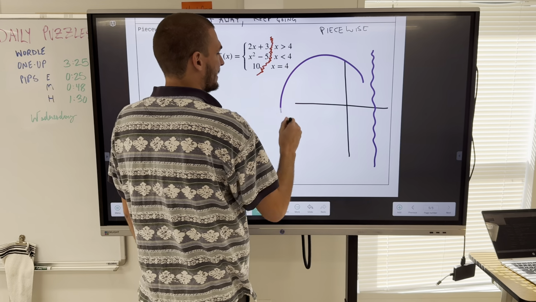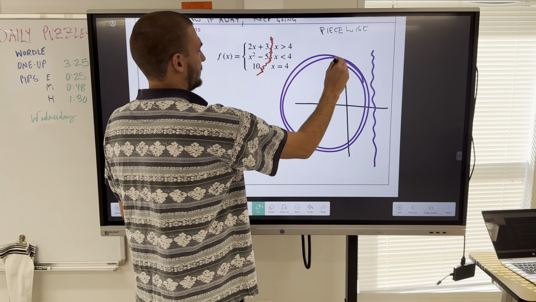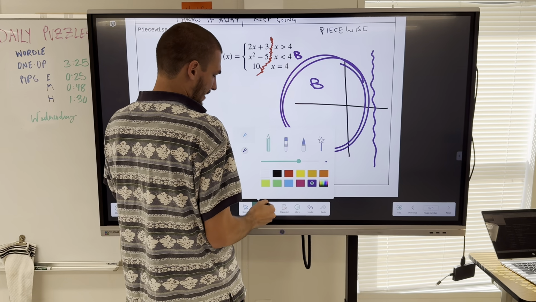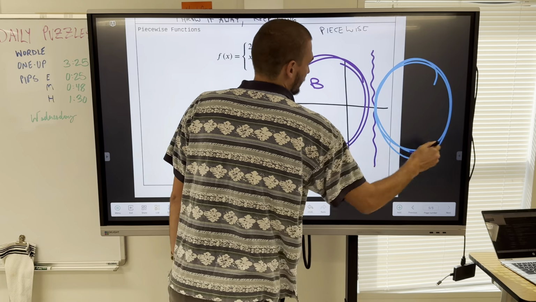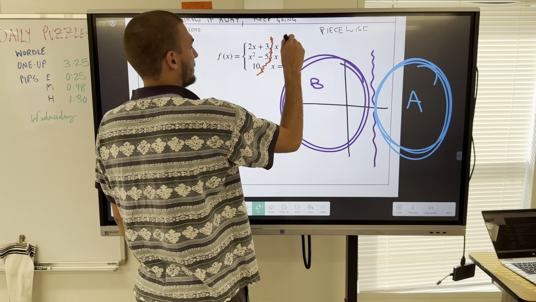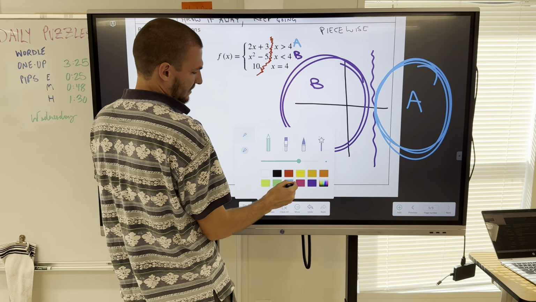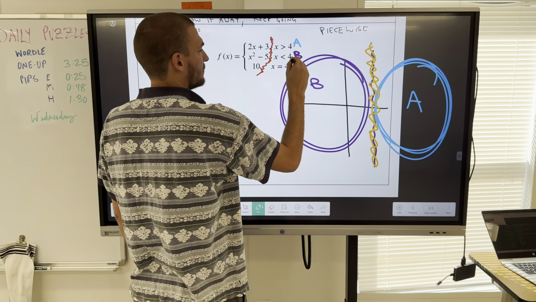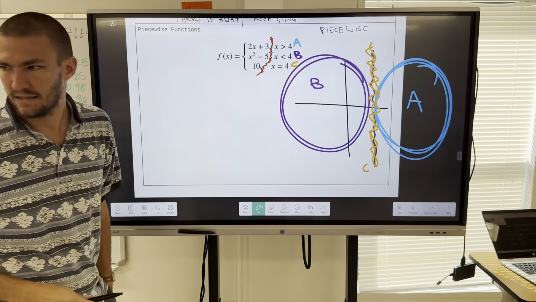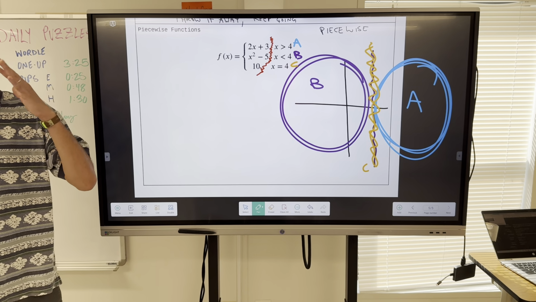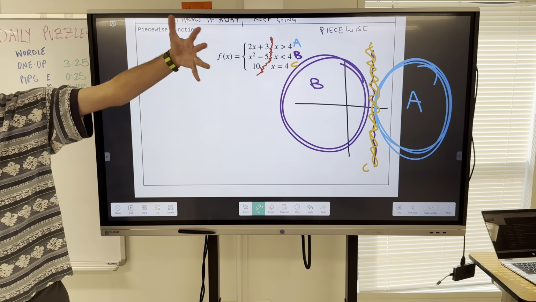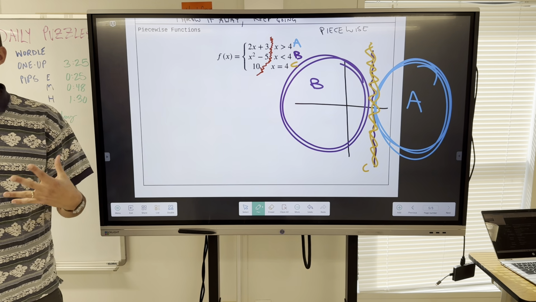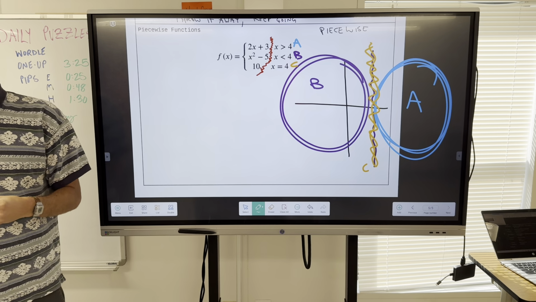In this section, we're gonna be using B. And then in this section, we're gonna be using A. And then right here, only at 4, we're gonna be using C. Does that help kind of build it in your head? When you're bigger than 4, you're supposed to be using A, and when you're less than 4, you're supposed to be using B, and when you are exactly 4, you're supposed to be using C.